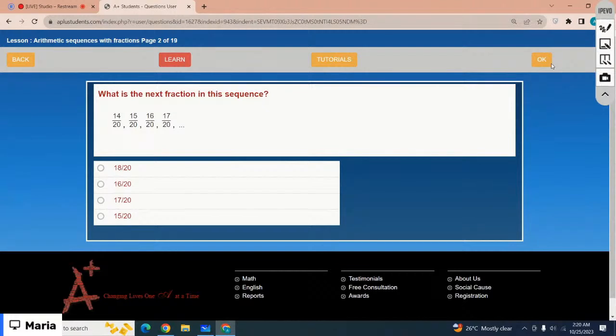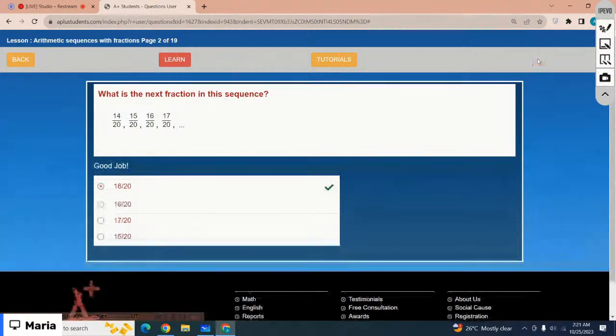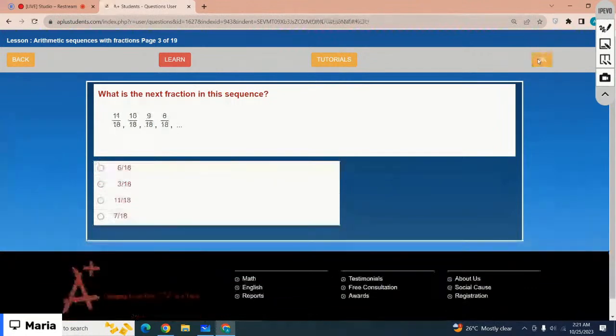The next one in the sequence is, very good, that is 18 over 20. The denominators would be the same. Numerators are increasing by 1, so that would be 18 over 20.